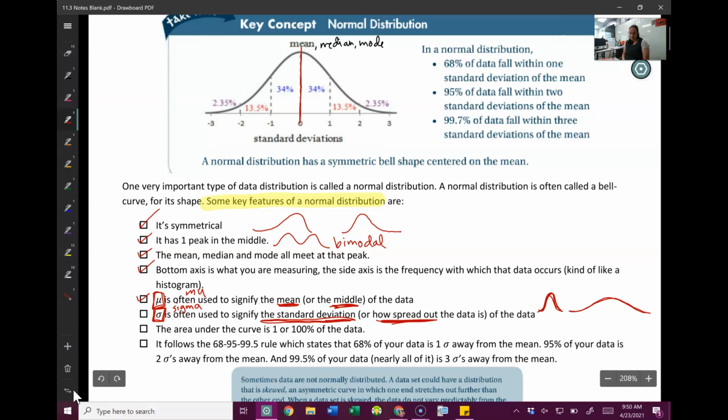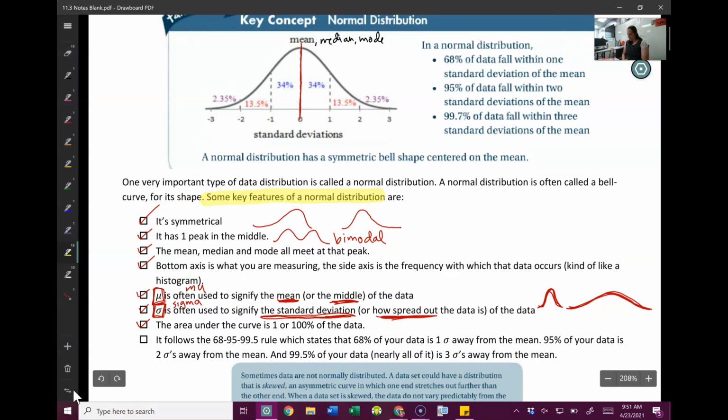Where this is a really large standard deviation because it's all very spread out from each other. Okay, next, the area under the curve is 1 or 100% of the data. So if I added up all these percentages underneath, I would get 100% or all the data.